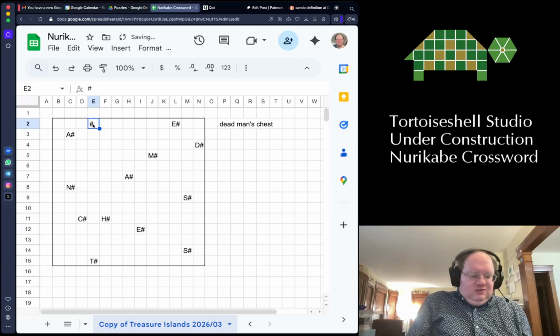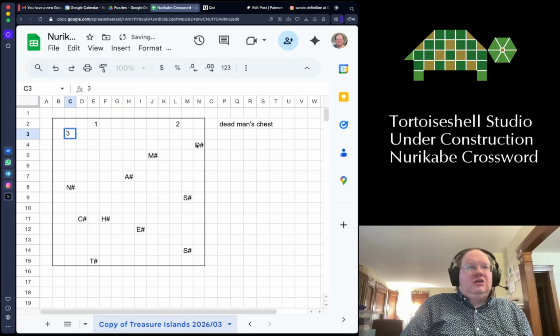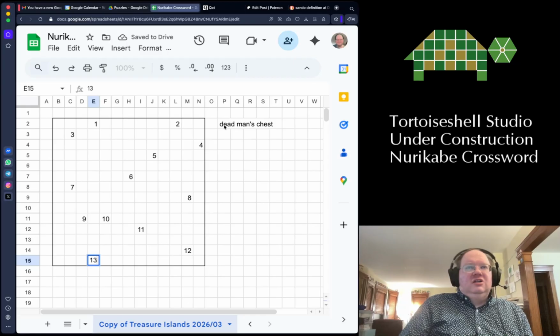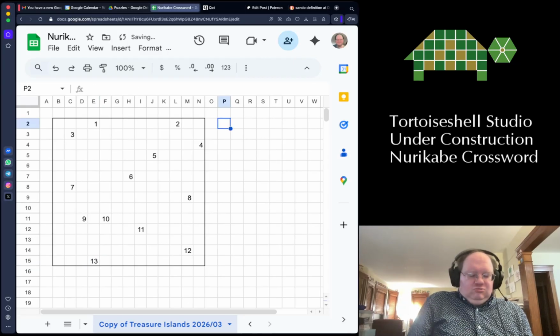Okay, so this is 1, 2, 3, 4, 5, 6, 7, 8, 9, 10, 11, 12, 13. So now, all right, rows. What do we have? We had educate. Well, let's just, all right.